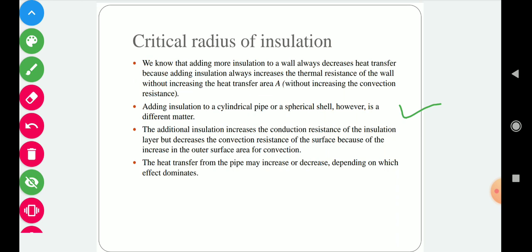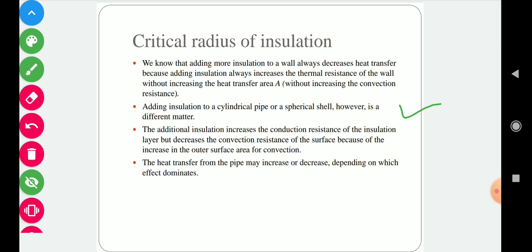One is that when we apply insulation, it offers more resistance for heat transfer. But on the other hand, when we apply insulation on a cylindrical or spherical object, the radius of that object will increase. The radius will be original radius plus thickness of the insulation.